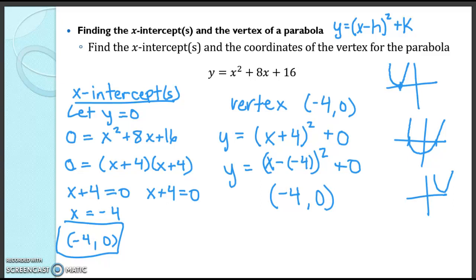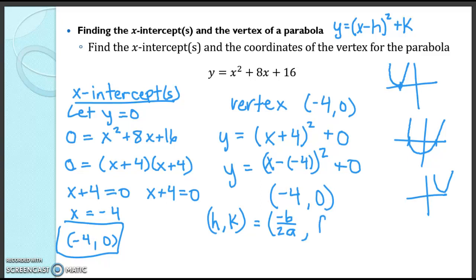We also have a formula for our vertex (h, k). It can be found at negative b over 2a. This should look a little familiar from when we were completing the square.